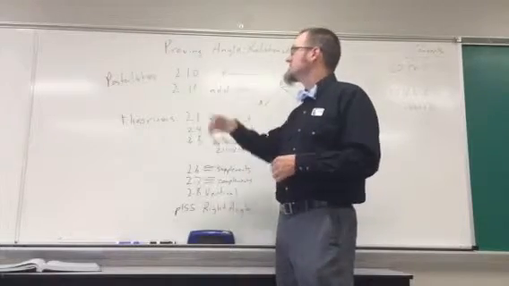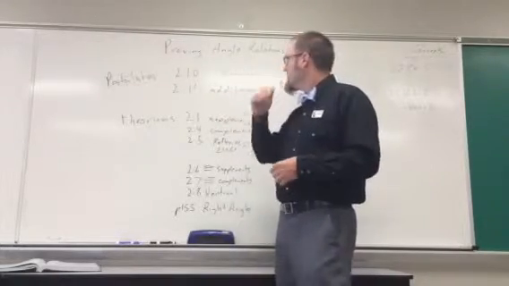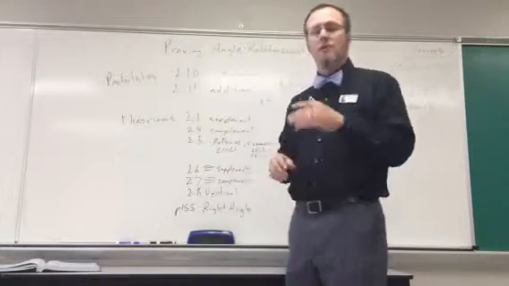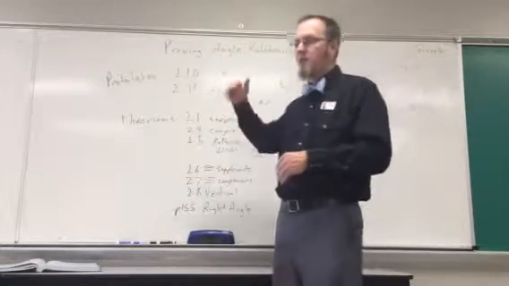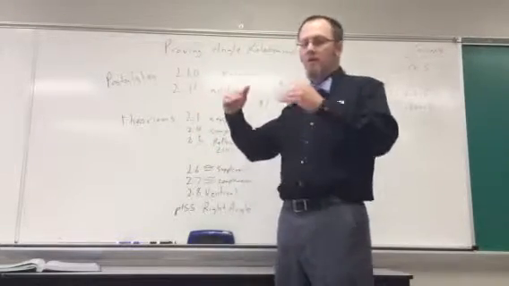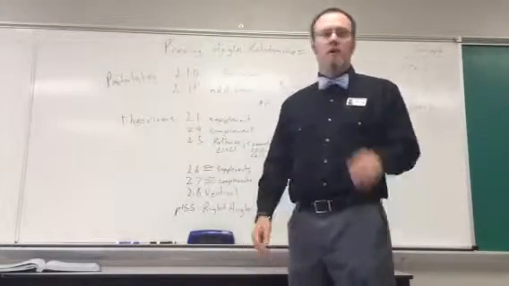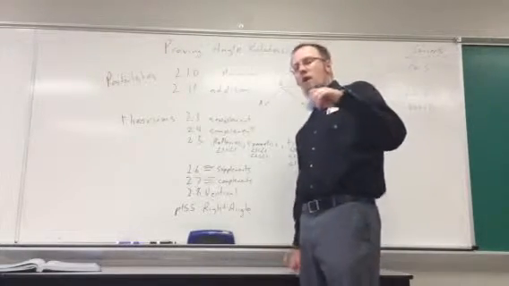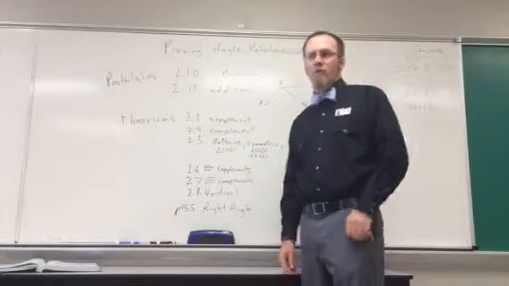First off, the postulates 2.10 and 2.11, the protractor. With the protractor, postulate 2.10 just means you can measure an angle using a protractor if you have one of the rays forming the angle at 0, the other ray at another number. You should be able to look at a protractor and assign that a value somewhere between 0 and 180.